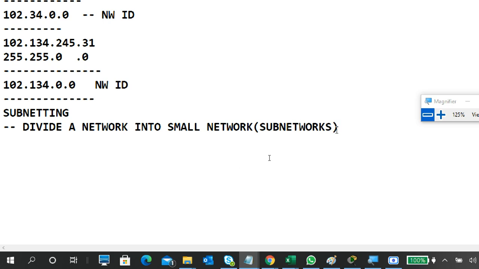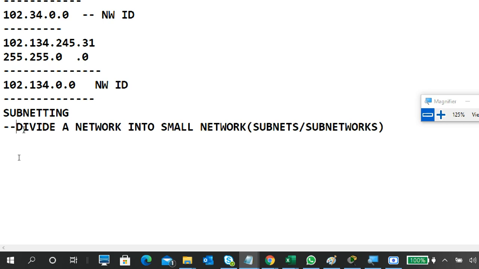Okay, so the concept is subnetting. How to divide it? Simply, how to do it?